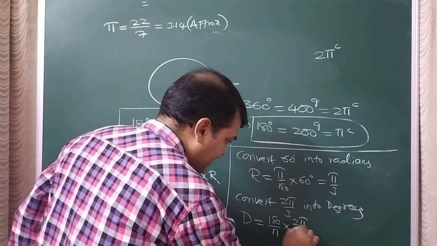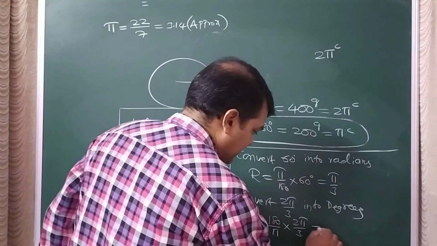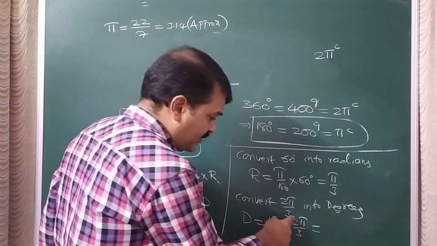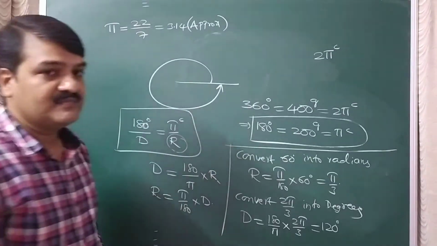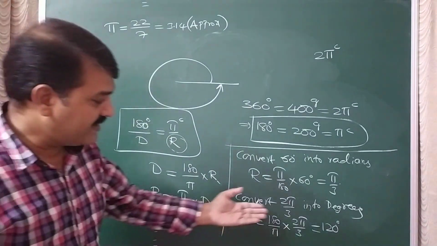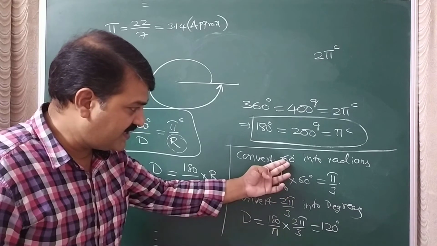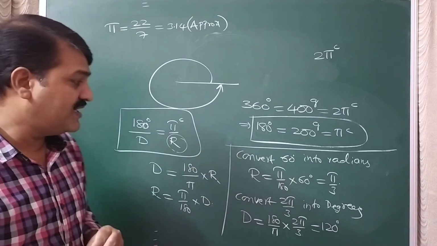In place of r, write 2 pi by 3. Angle is given in radians, put here. Simplify. Then pi is cancelled, 180 into 2 by 3. You will get the answer in degrees as 120. So to convert radians into degrees, multiply with 180 by pi. To convert degrees into radians, multiply with pi by 180. So this is the basic thing you have to do.